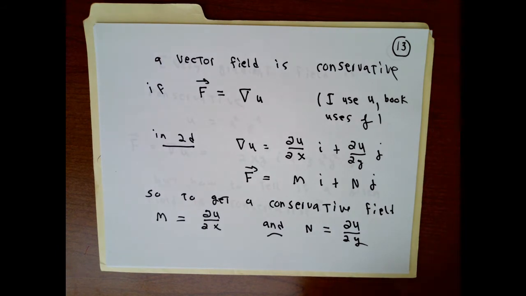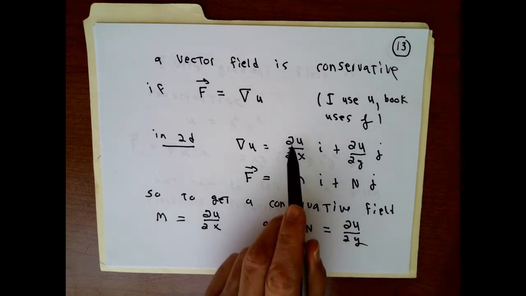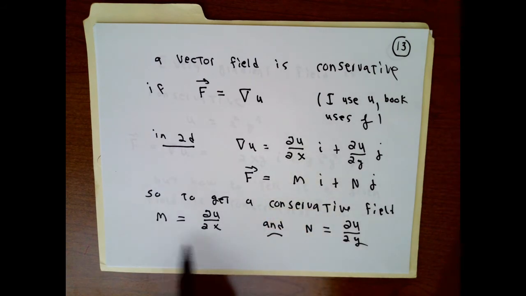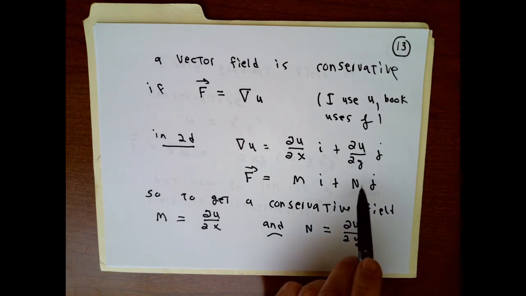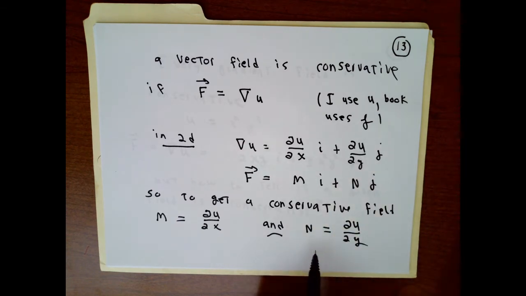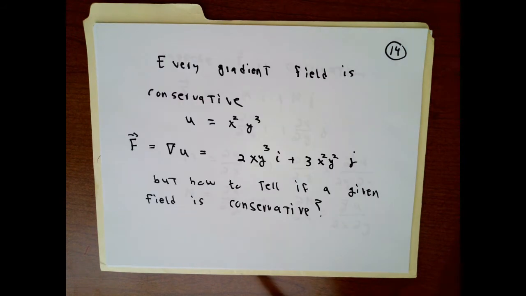In order to get a conservative field, the m and the partial of u with respect to x would have to be the same quantity, and the n and the partial of u with respect to y would also have to be equal.